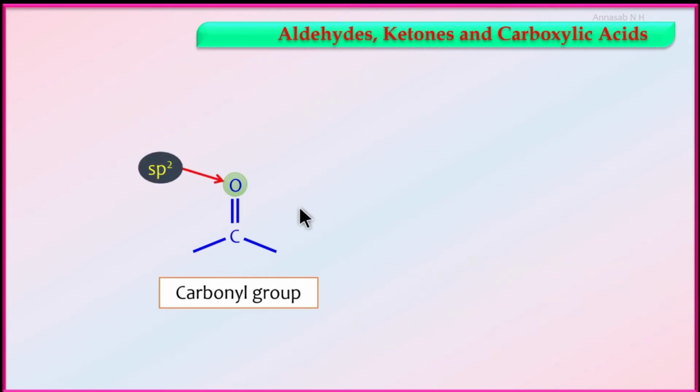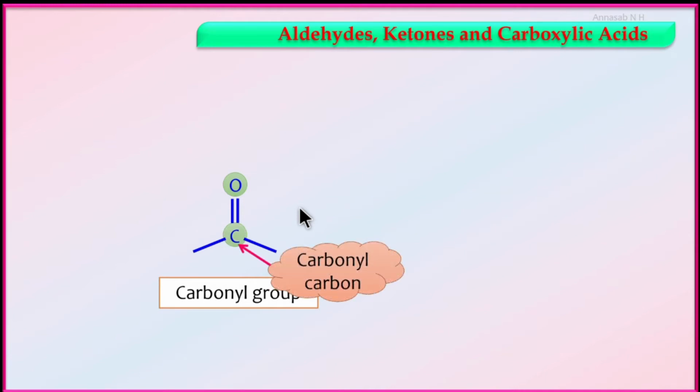In the carbonyl group, the oxygen atom and carbon atom both show sp2 hybridization. The carbon atom of the carbonyl group is known as carbonyl carbon, and the oxygen atom of the carbonyl group is known as carbonyl oxygen.